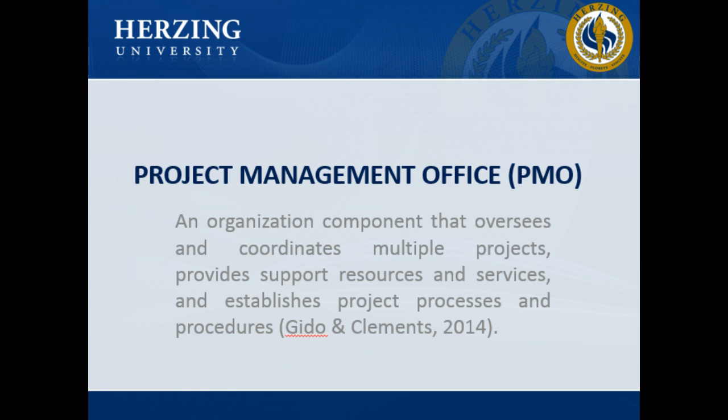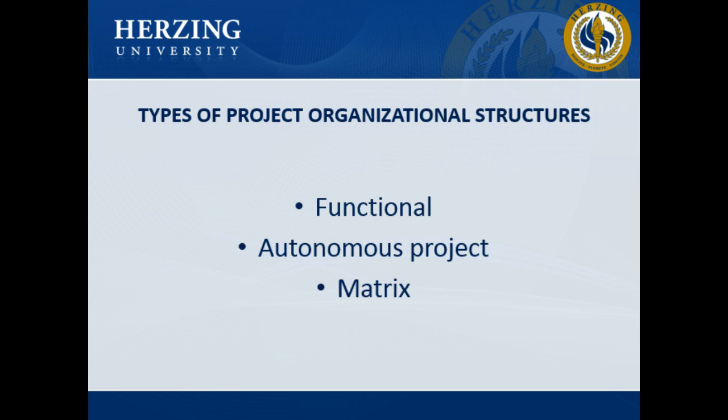In the next couple of slides, we will explore the matrix organizational structure as well as the other two organizational structures that exist. There are three types of project organizational structures.